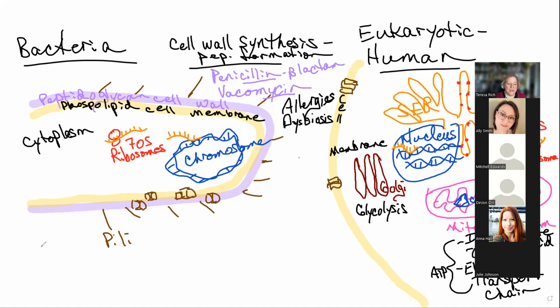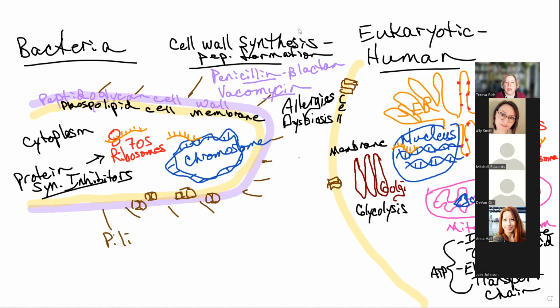Okay, we have another group that targets 70S ribosomes, and we call them protein synthesis inhibitors. Because they bind to 70S ribosomes and stop them from functioning, and when you stop the ribosomes, you stop protein synthesis.